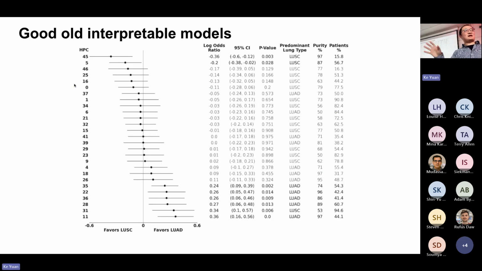The nice thing about this cluster-based approach is that it's very easy to interpret. We can use a very old, established method like odds ratio in logistic regression to understand what's going on.